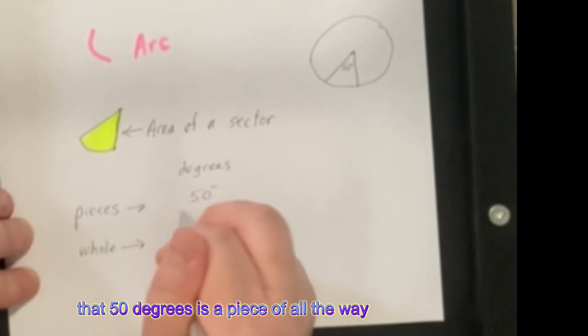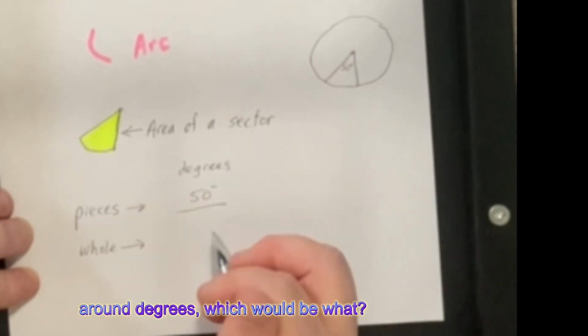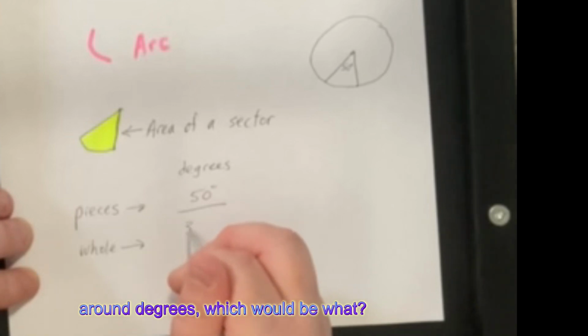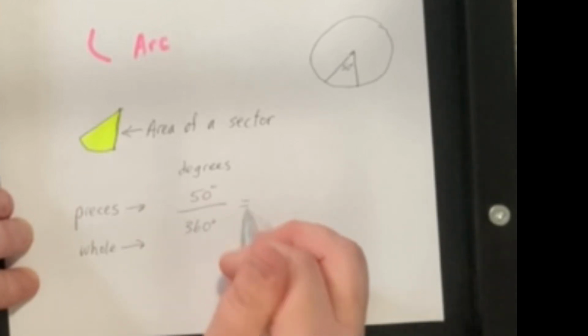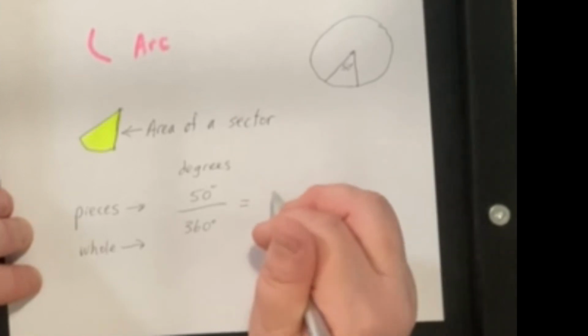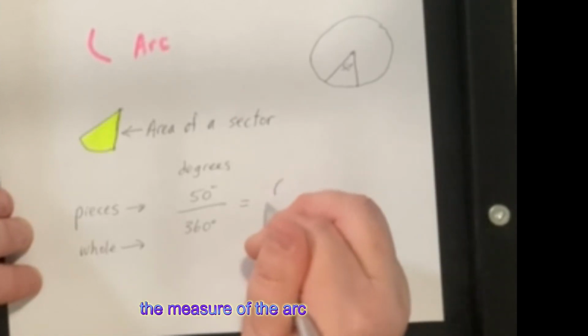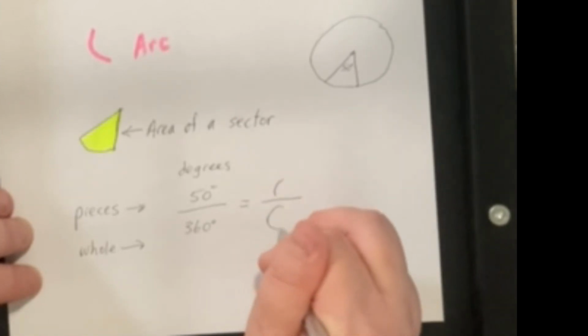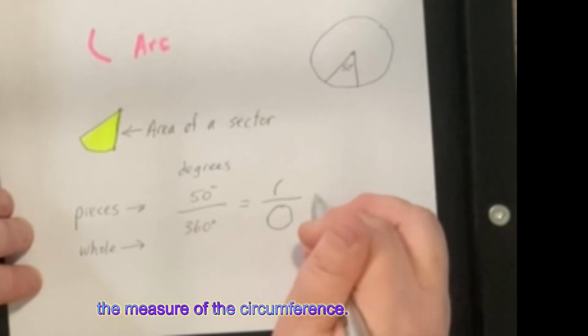That 50 degrees is a piece of all the way around degrees, which would be 360. That fraction will be equivalent to the measure of the arc over the measure of the circumference.